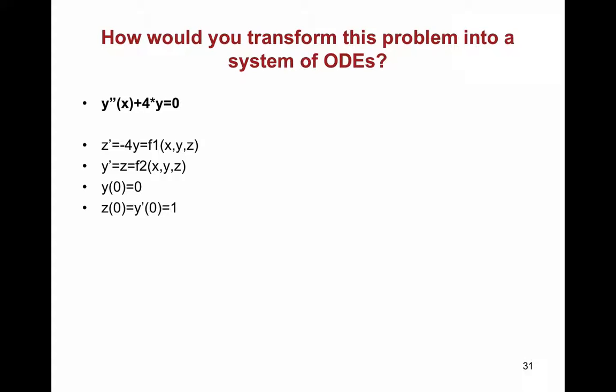So I'm looking for both y and y prime as two functions at the same time. And my one equation is simply that z equals y prime, which is dy/dx. dy/dx is equal to z. And my other equation is the actual equation that I can derive from here. And that's how I can actually solve for systems.